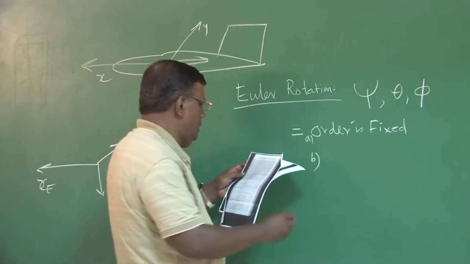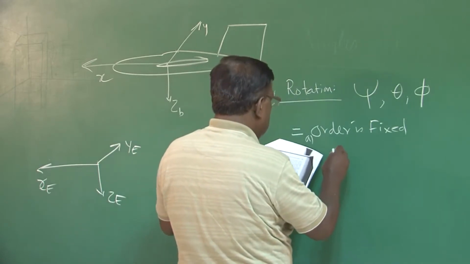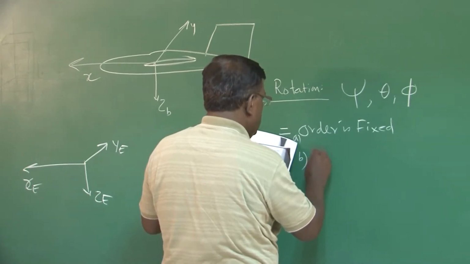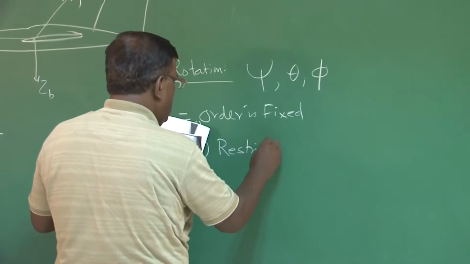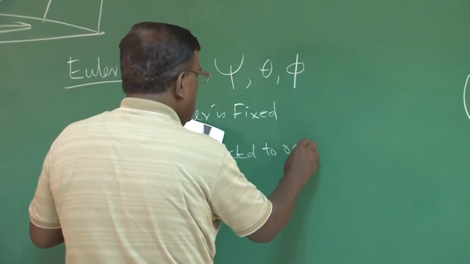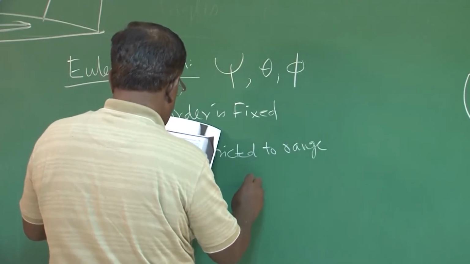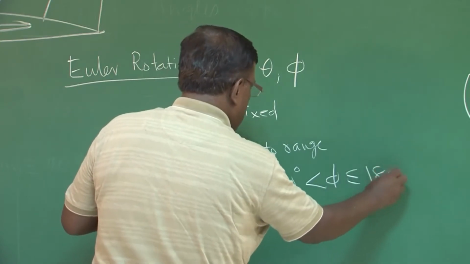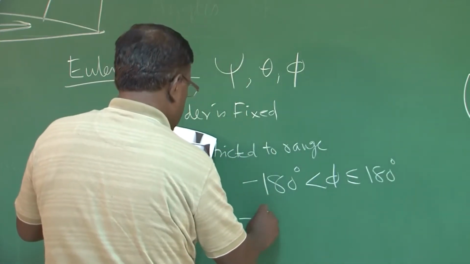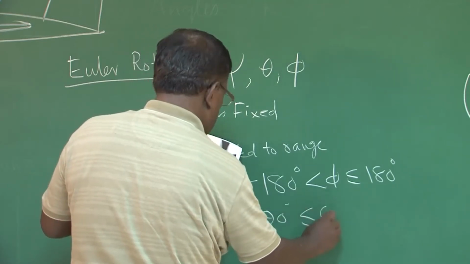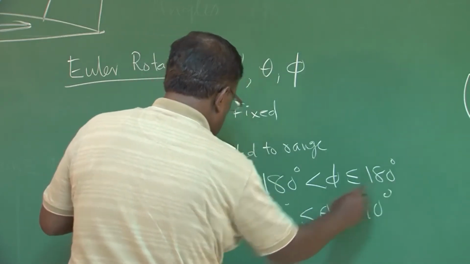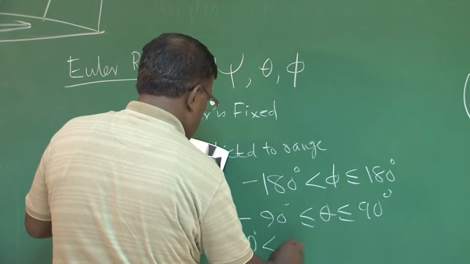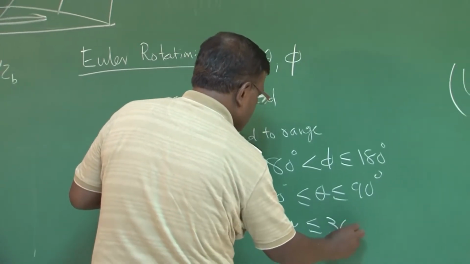You should be clear that the standard convention is restricted to a range: minus 180 degree less than phi less than or equal to 180 degree, then minus 90 degree less than or equal to theta less than or equal to 90 degree, and 0 degree less than or equal to psi less than or equal to 360 degree.